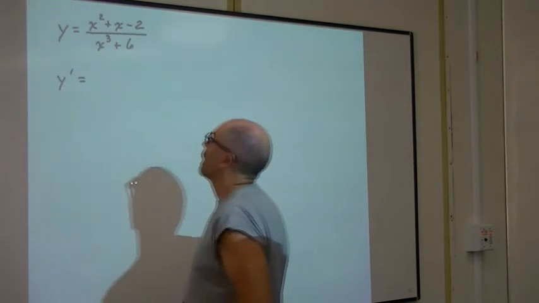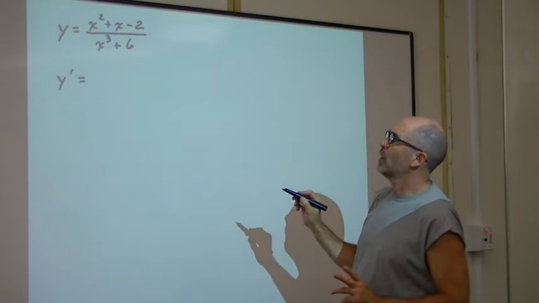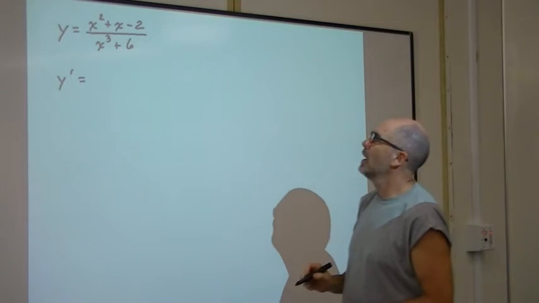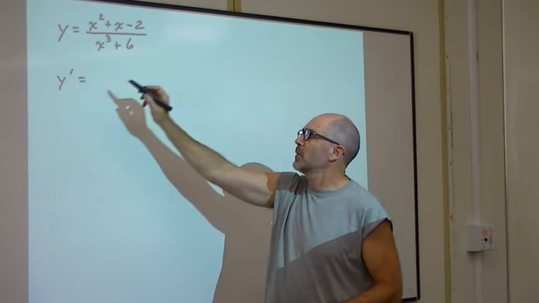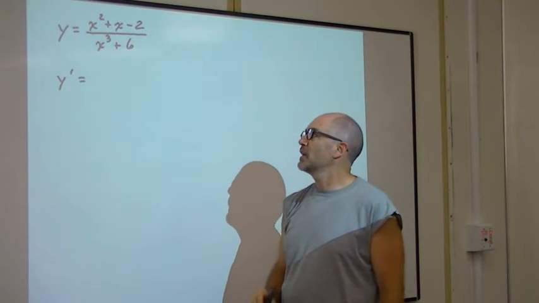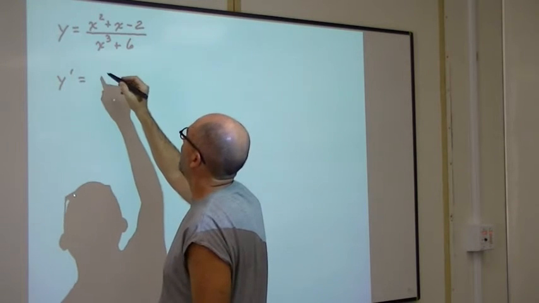Now, here's one where we need the quotient rule. So y equals this, we want y prime. In other words, we want the derivative of this. So that means we go low d high.